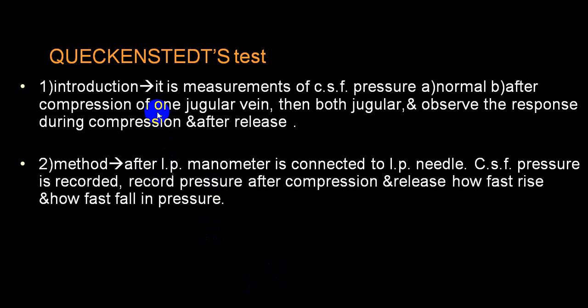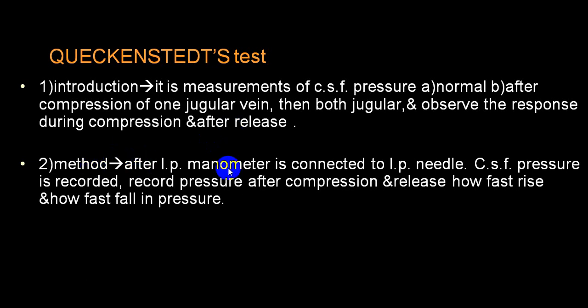So we already introduced that. So it is a measurement of CSF pressure in a normal. After doing a lumbar puncture, we call opening pressure. After compression of jugular vein, one jugular vein, both jugular vein, and observe the response during compression and after release.